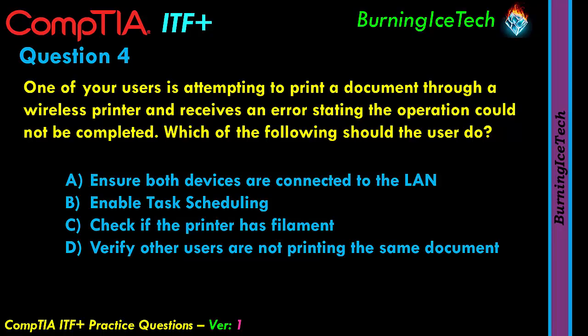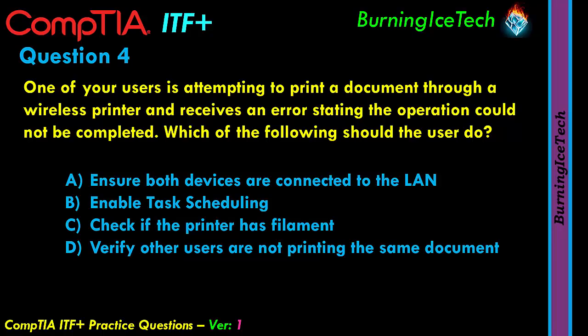It's basically a special kind of plastic, if I have to summarize it. So by saying check if the printer has filament, it's got nothing to do with this printer because they mentioned printing a document, which means we would need to check if there's actually ink. If C said check if the printer has ink or toner or anything like that, then it could actually have been answer C. But they specifically said filament, so we're going to completely rule out answer C here.